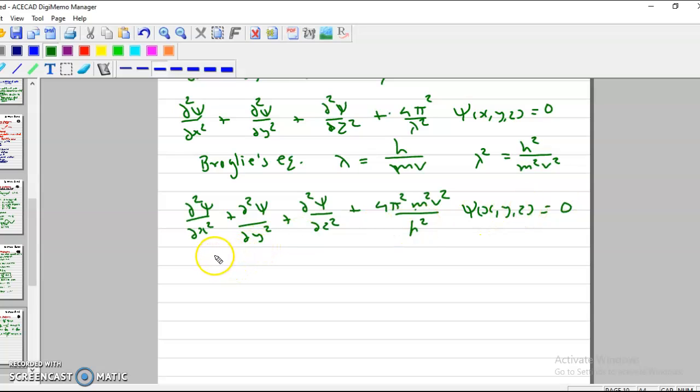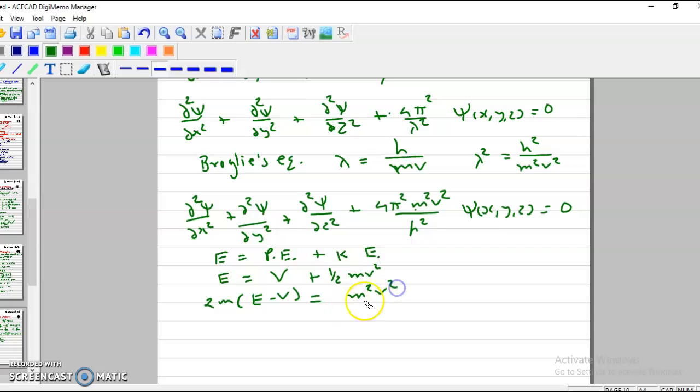Now, total energy is equal to potential energy plus kinetic energy. So E is equal to V plus half mv squared. Therefore, we have 2m(E minus V) is equal to m squared v squared. Substitute this value in this equation.